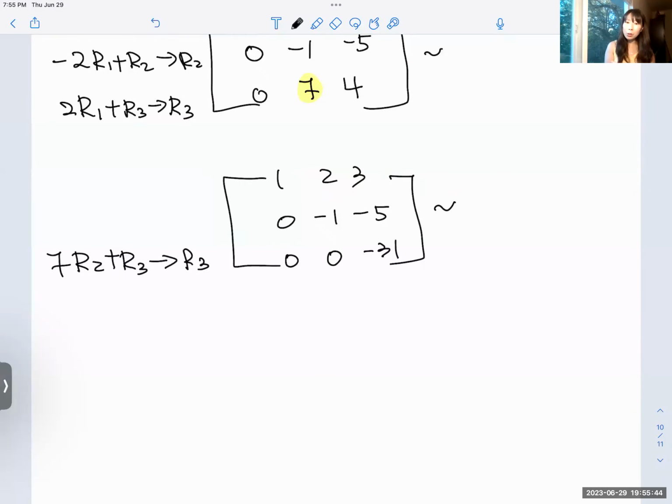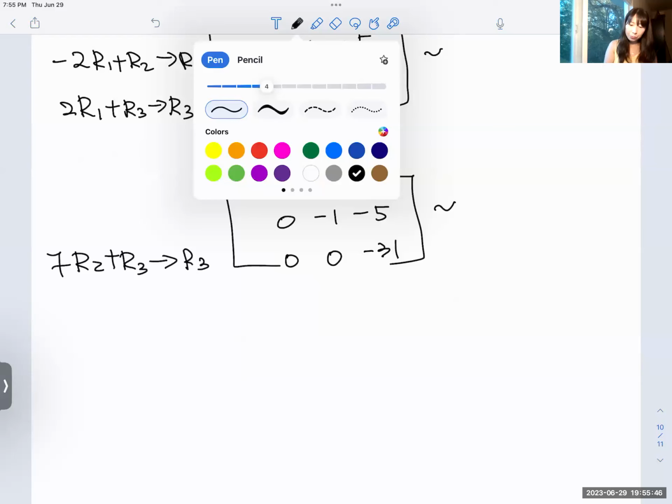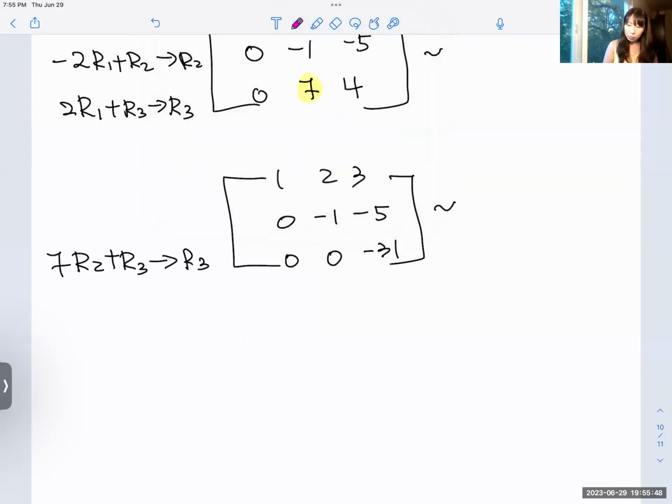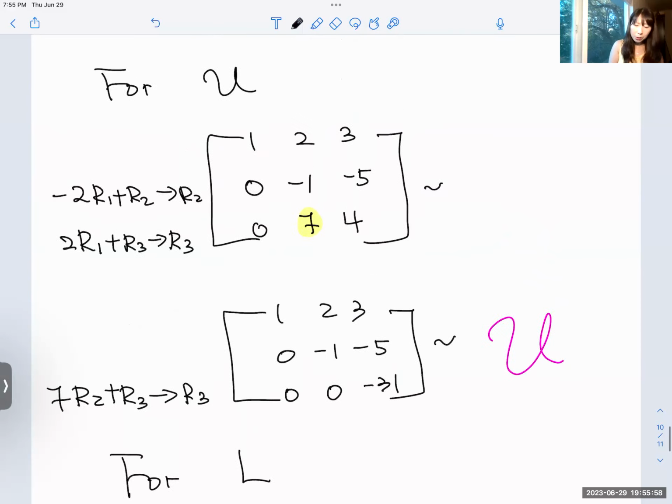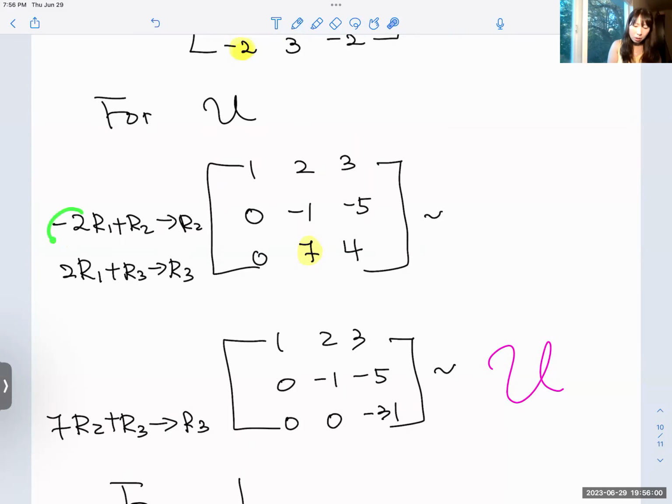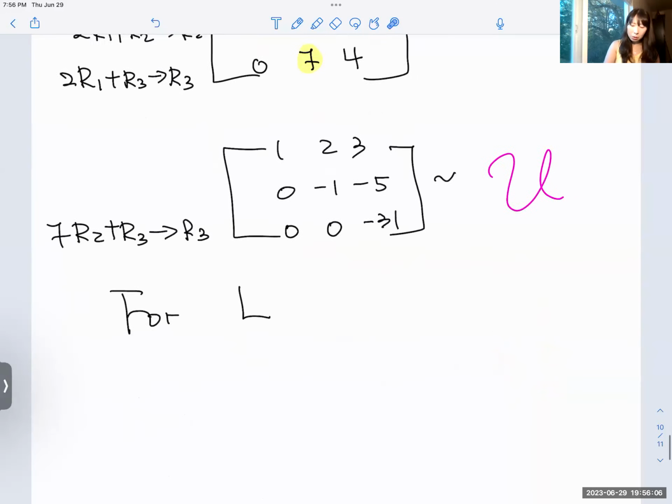Okay, so there will be u. Okay. Now for L, so we are using all the numbers here, right? Scalar, but then opposite sign. So look.